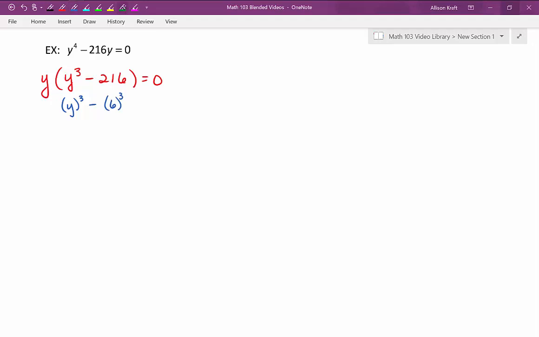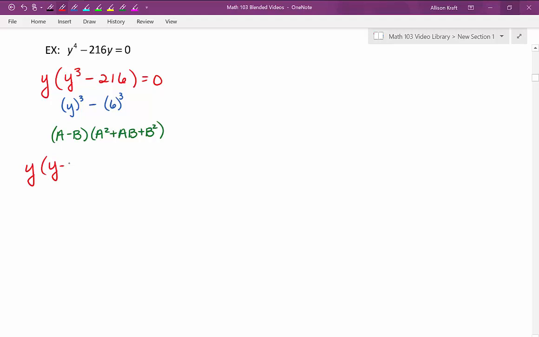And we'll be plugging this into our difference of 2 cubes formula, which is a minus b times a squared plus ab plus b squared. Don't forget your original GCF of y out in front.